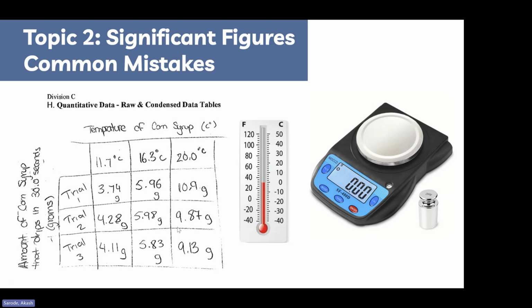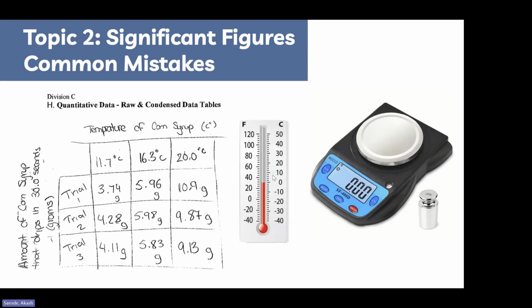When we did this experiment, we had tools that basically looked like this. We had a digital scale and we had a thermometer. On this thermometer, each small line represents 1 degree Celsius. And we use Celsius over Fahrenheit because that's the metric system.